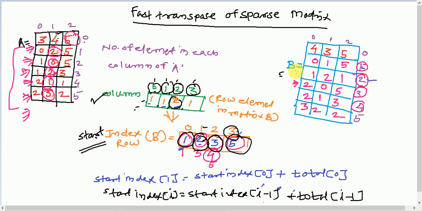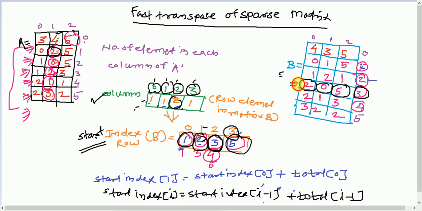After this, traversing matrix A from its first index, we visited first of all its column value. Here the column value is 2. Then we look in the start index row: the start index of 2 is 3. So we visited the matrix B's third row and inserted that particular row, column value and this particular value.